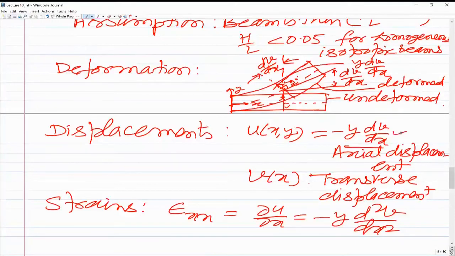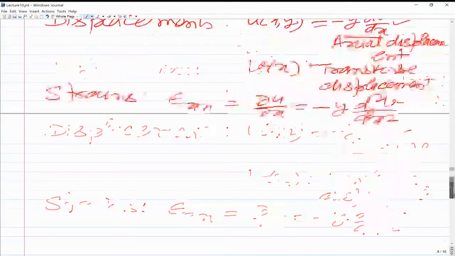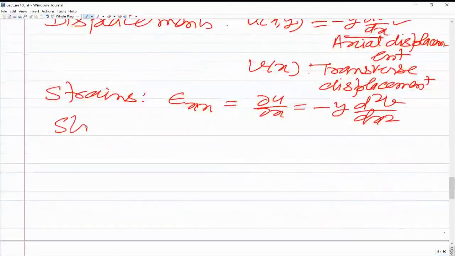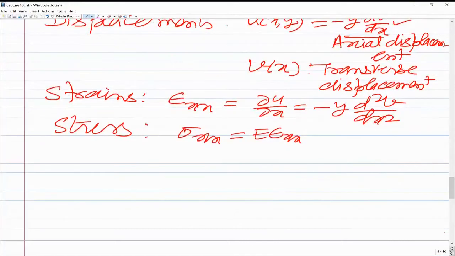That is the strain. Then the stress: sigma xx is E times epsilon xx, again the uniaxial state of stress. That is, sigma xx is non-zero, while sigma yy, sigma zz, tau xy, tau yz, and tau zx, all the other stress components, are zero. So we have minus E y into d2v by dx square.